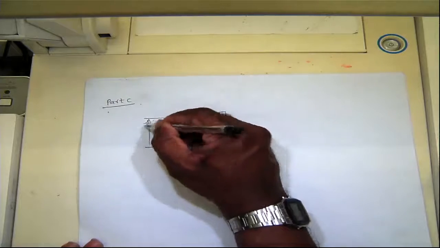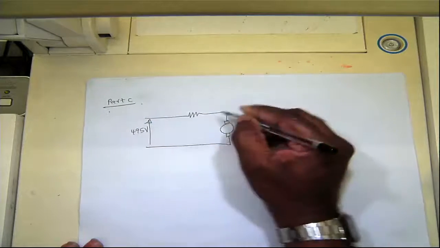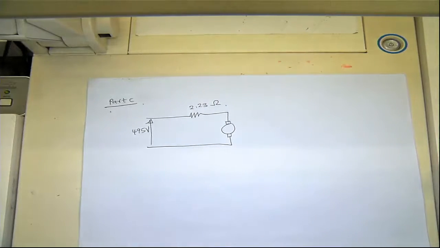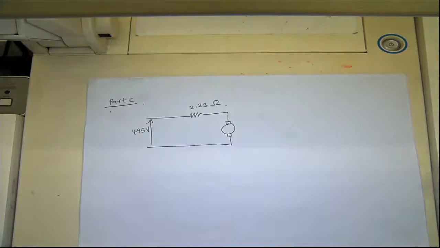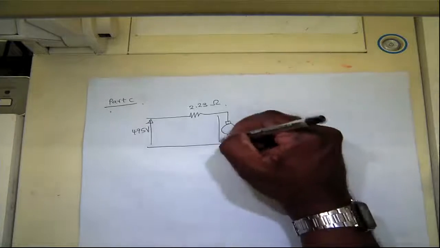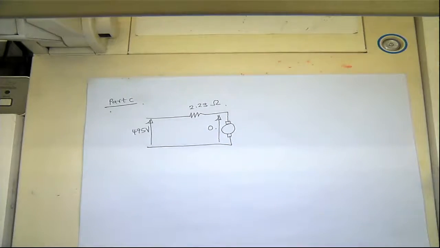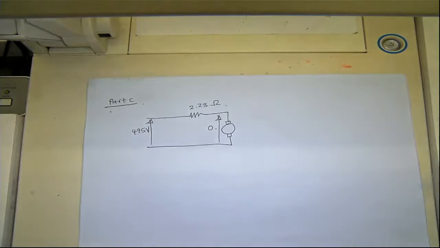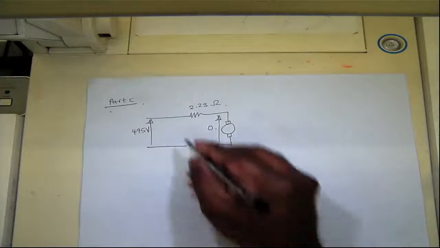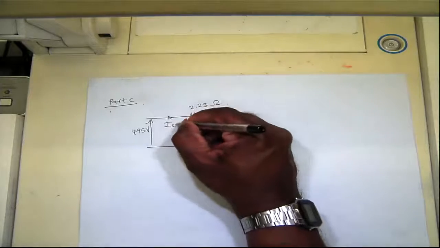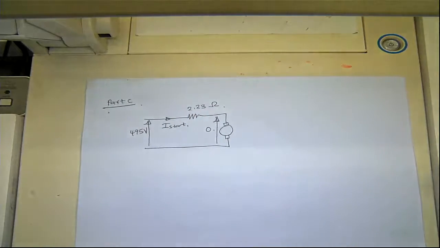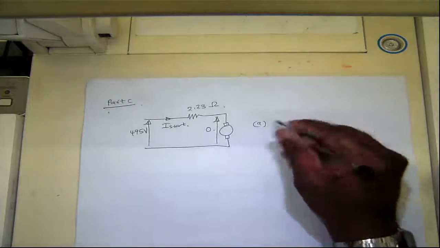We are applying 495 volts across this 2.23 ohm, and at starting the speed is 0, so the back EMF is 0. Effectively you have this 2.23 ohm being short circuited over the full voltage. So the starting current would be just that voltage divided by the resistance.